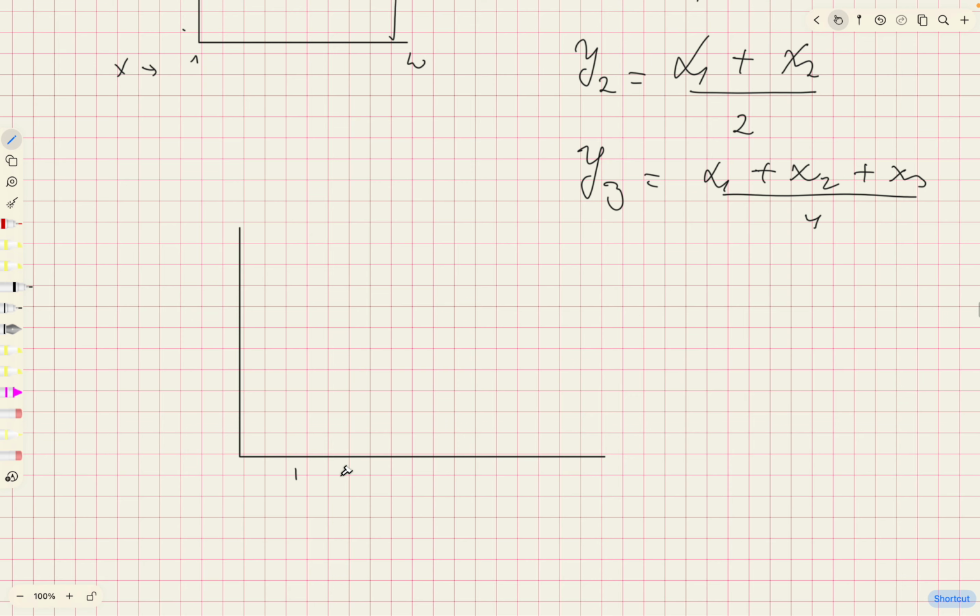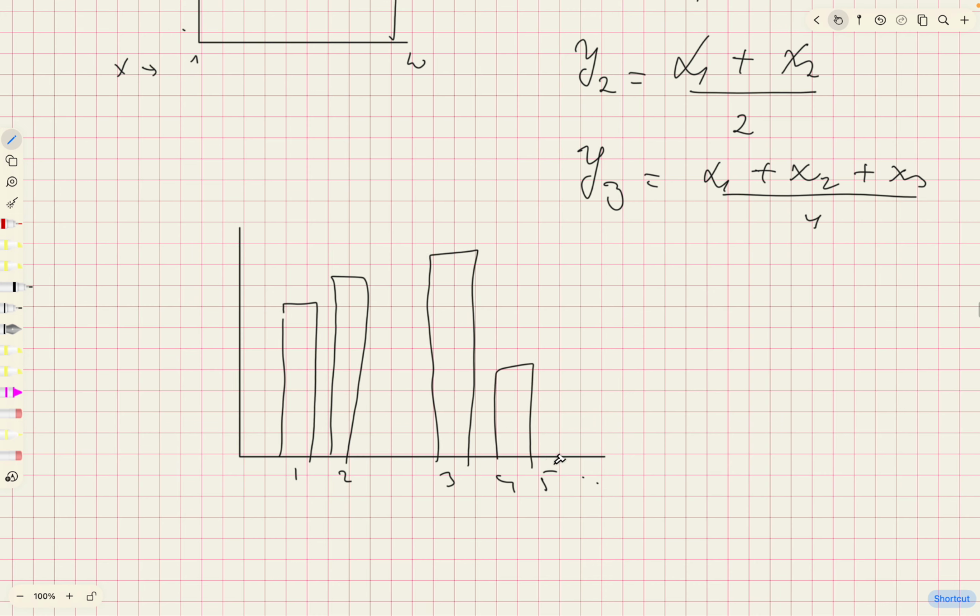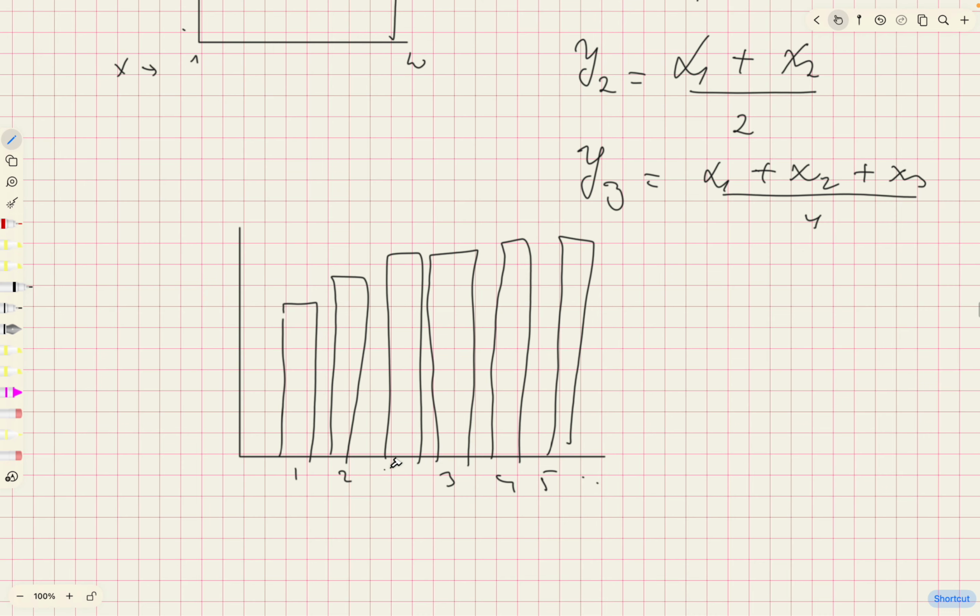Say we took 1, 2, 3, 4, 5, and so on. And 1 minute, 2 minutes. Say this is 2.5 here. So this is actually a density histogram.